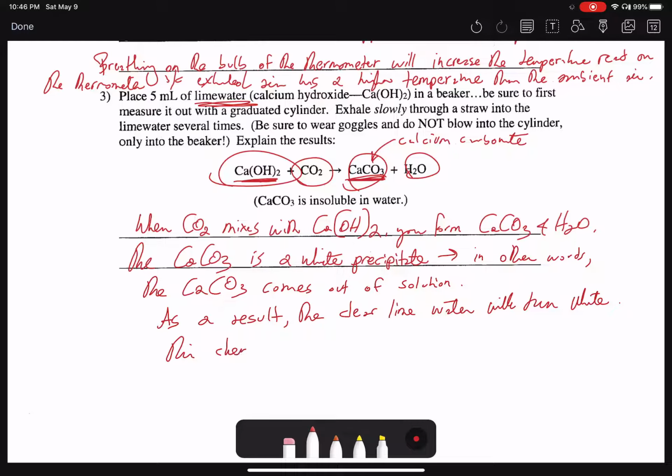This chemical reaction simply demonstrates that we exhale CO2. All right, that's it.